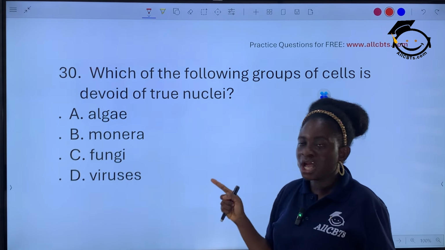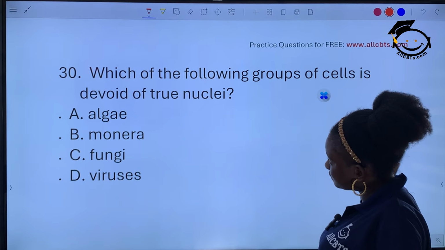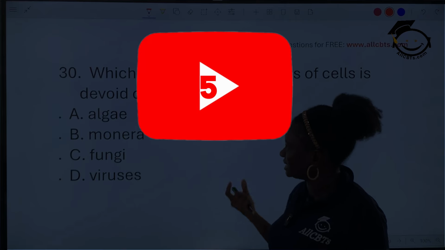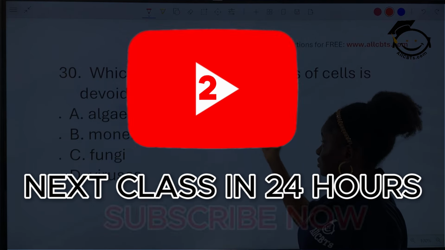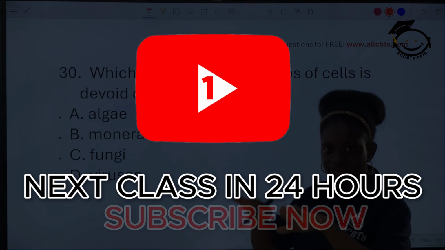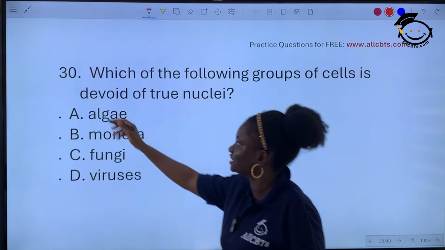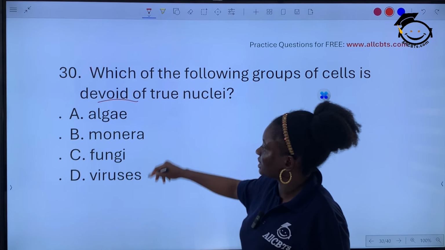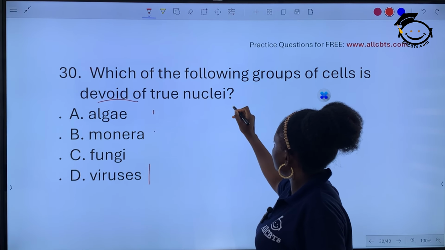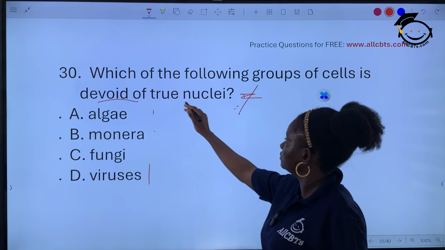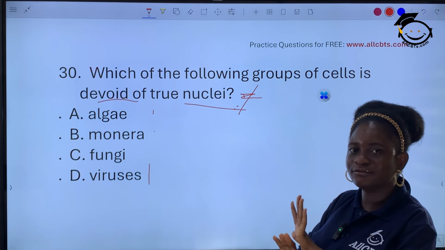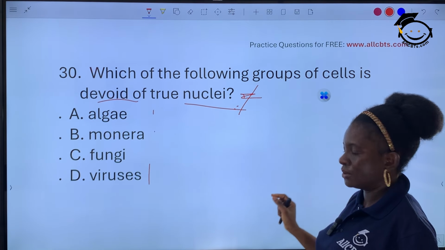Question 30. Which of the following groups of cells is devoid of true nuclei? What it's saying is does not have true nuclei. That's how to break that English down. Which of these organisms does not have a true nucleus?